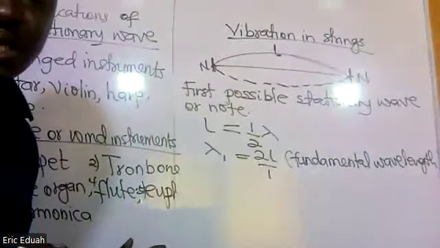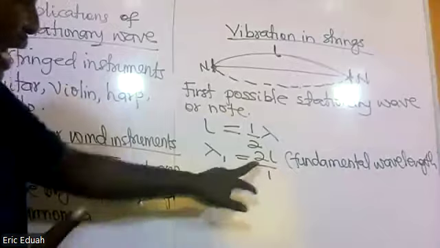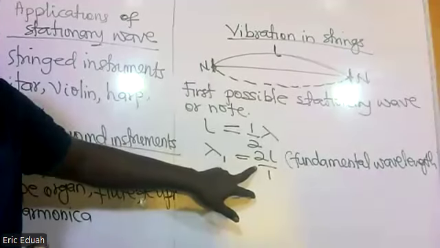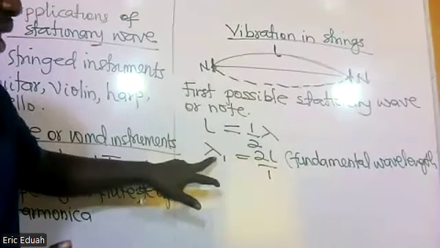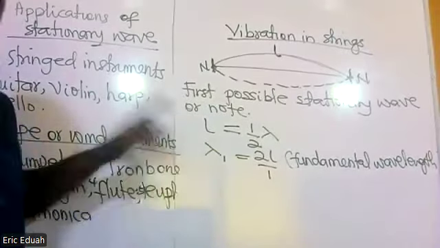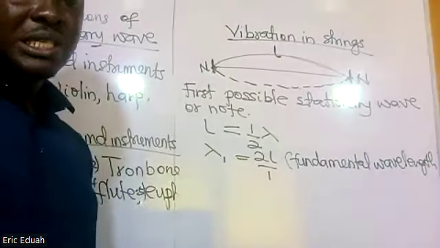Meaning, if the length of the string is 1 meter, then the wavelength would be 2 meters. If the length of the string is 3 meters, the wavelength will be 6. That is basically what it means.